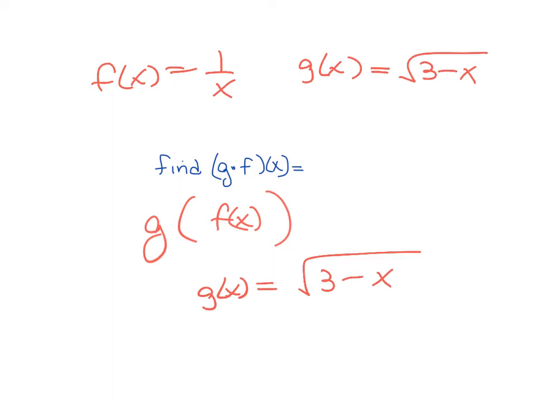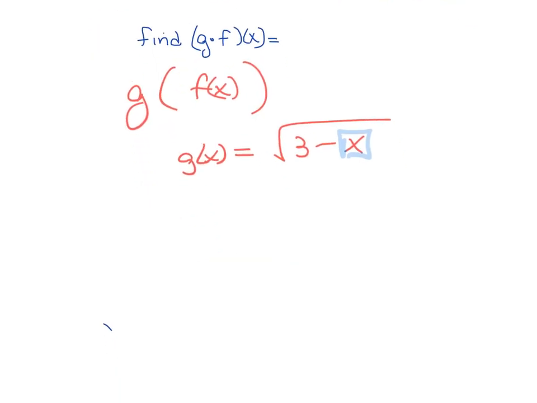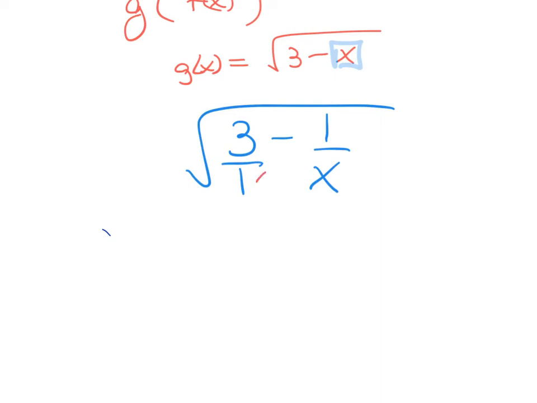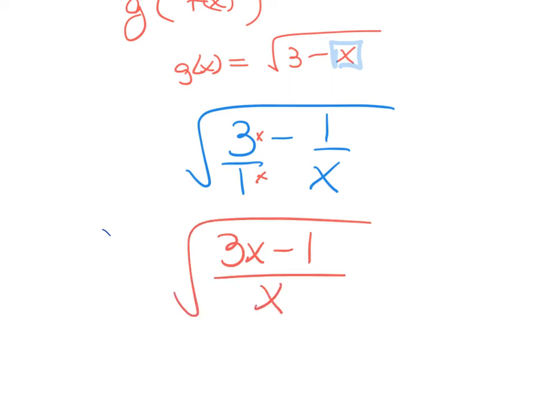I'm going to take out this x, and in its place, I'm putting this. So it's going to become 3 minus 1 over x. I'm going to find a common denominator and simplify what's under here. So I can multiply top and bottom by x on this one, and I leave it like that.